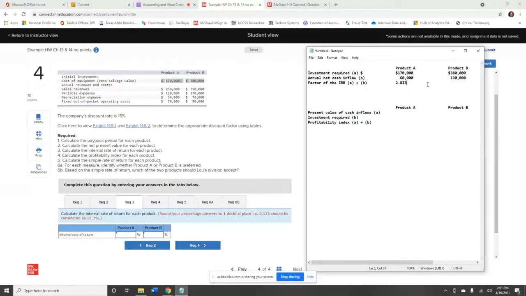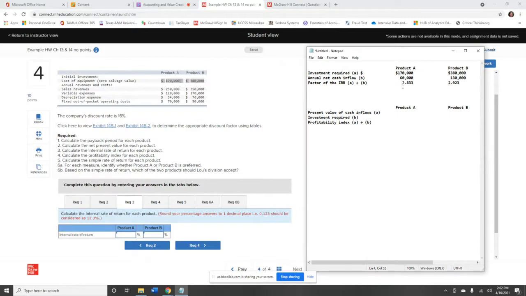And for product B, our factor is 380,000 divided by 130,000, and that ends up being 2.923. All right, so there's our factors. These kind of look like something I've seen before, on my present value table. So these are annuities. The 60,000 is every year we're going to get that much cash. 130, we're going to get that much cash.